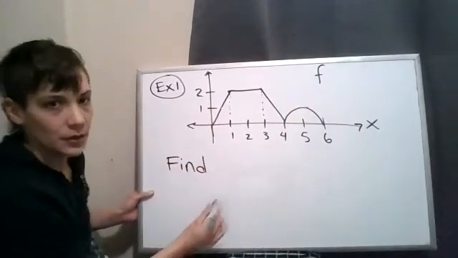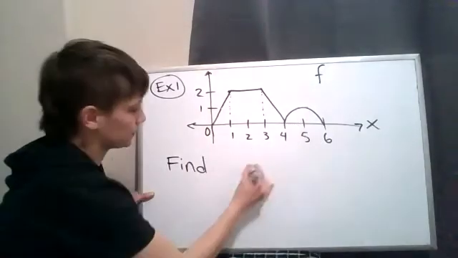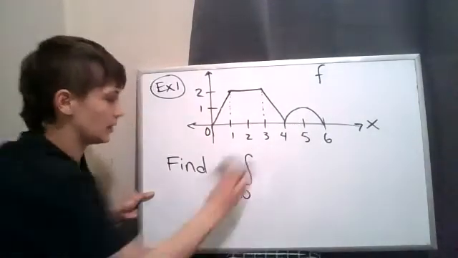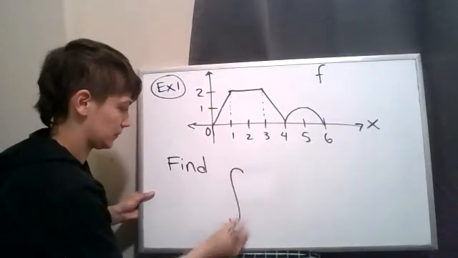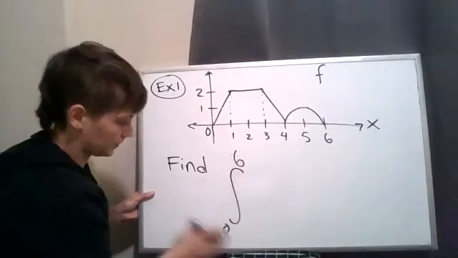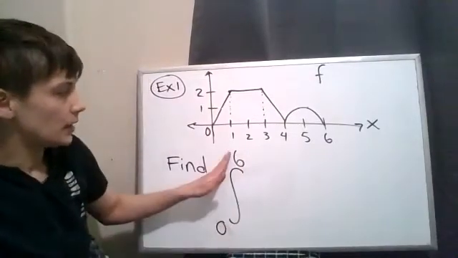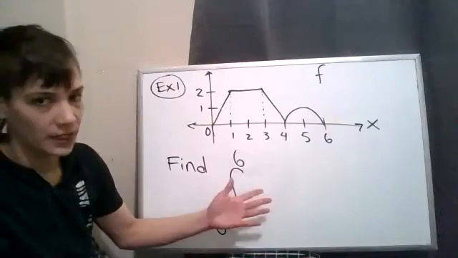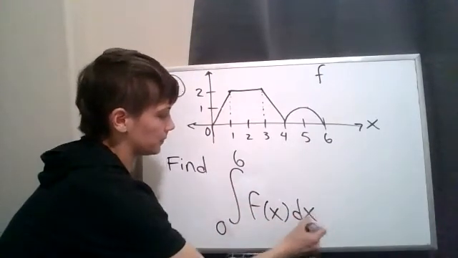The definite integral, we're going to go from x equals 0 over to x equals 6. Actually, let's make that nice and clear: x equals 0, x equals 6, our function f, whatever it is, f of x dx.